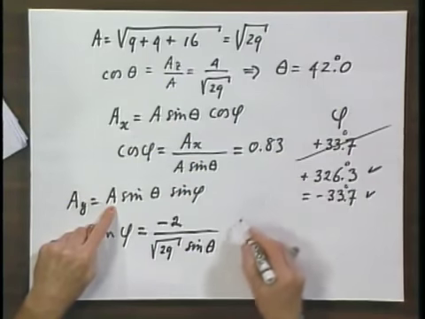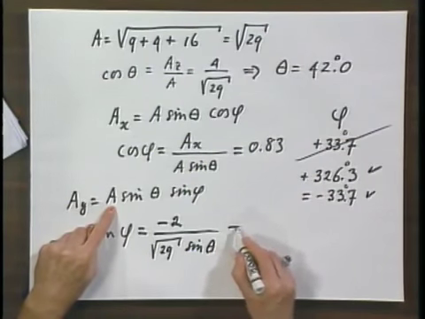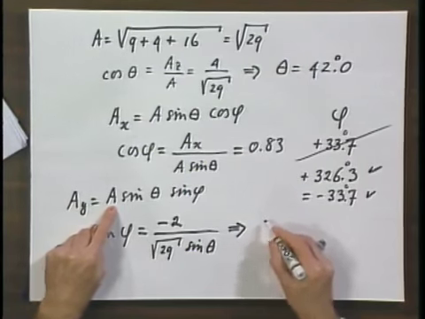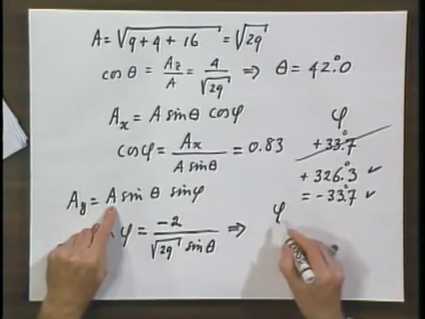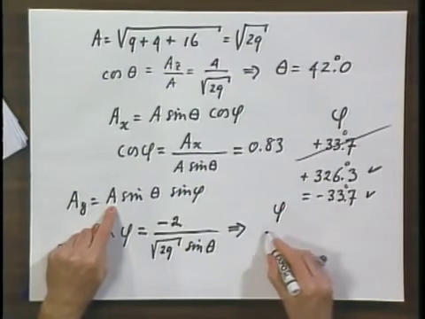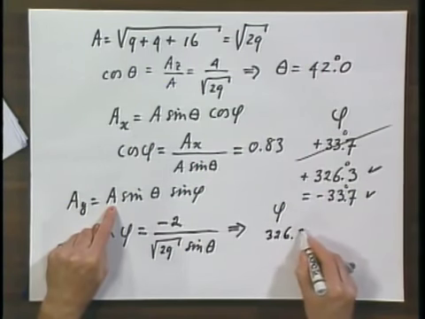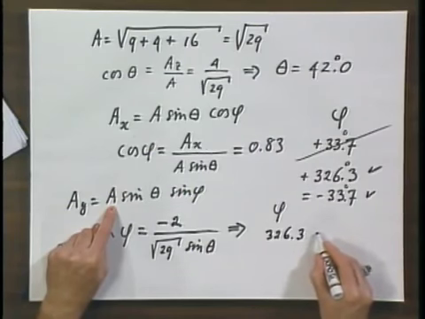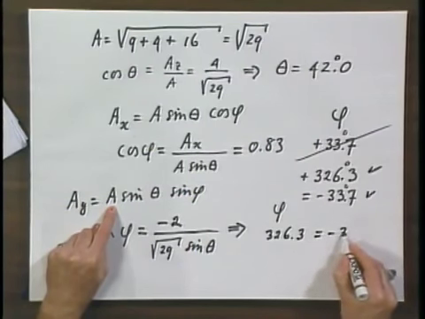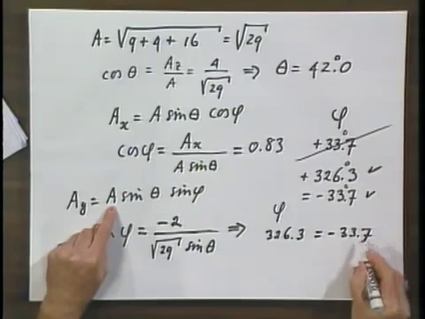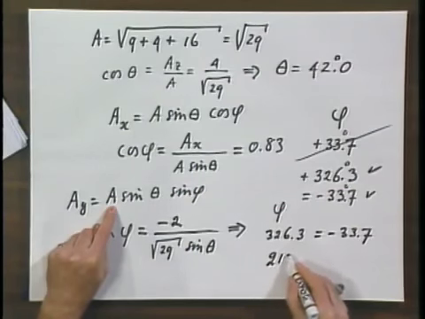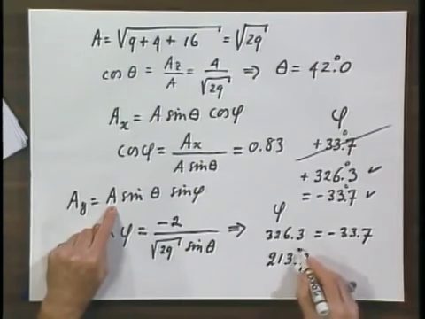And you know theta. And when I do that, I find for phi two possibilities. As always, I find 326.3, which of course is the same as minus 33.7, but I also find 213.7 degrees.